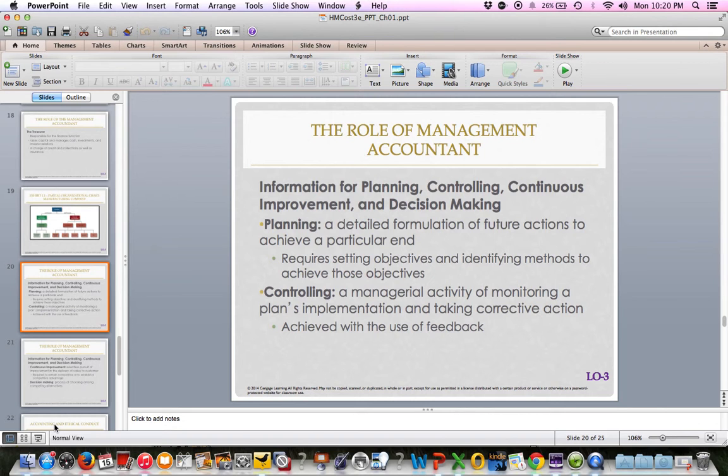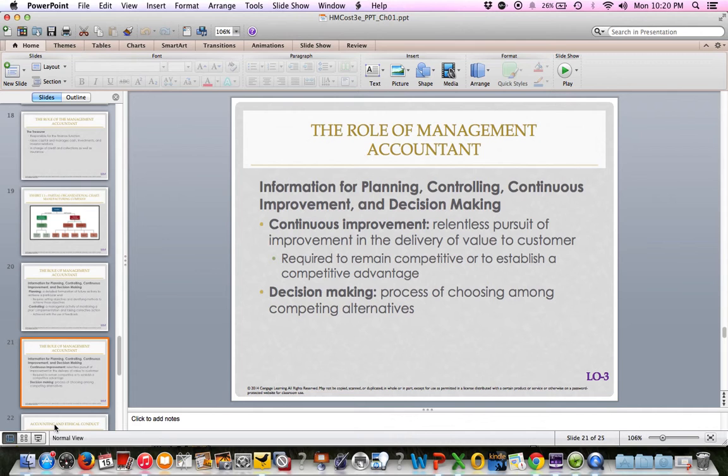So quite often the controlling function is you're comparing actual numbers to budget numbers, you're looking at internal control reports, you're just monitoring day-to-day activities, and as we're veering off course potentially, or we're not achieving our goals, you report that, and then management can take action to try to right the ship or turn us towards more achieving those goals. And then of course we use feedback. So you produce reports saying we are meeting our goals or we're not meeting our goals, and then management makes decisions based on that.